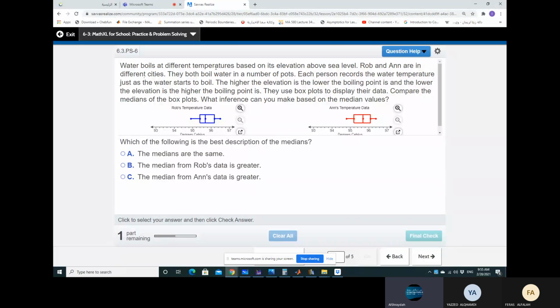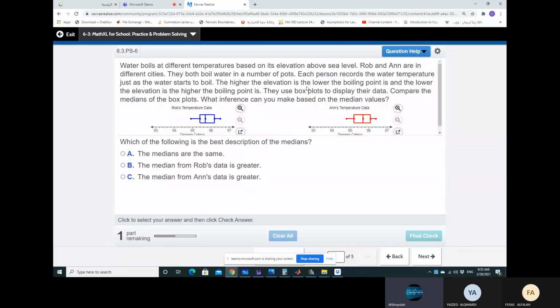Water boils at different temperatures based on its elevation above sea level. Rob and Anne are in different cities. They both boil water in a number of pots. Each person records the water temperature just as the water starts to boil.